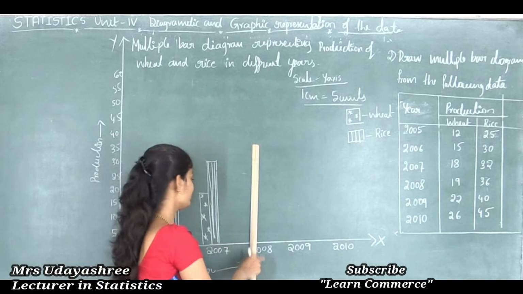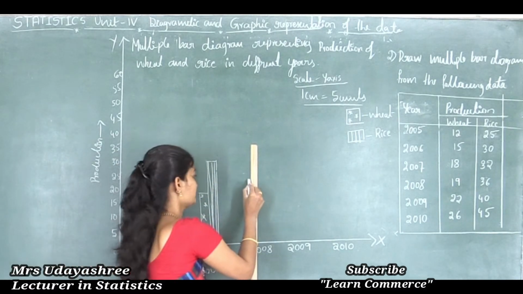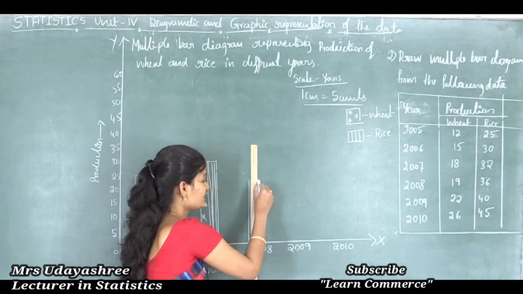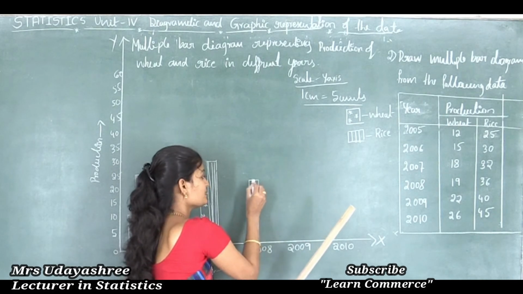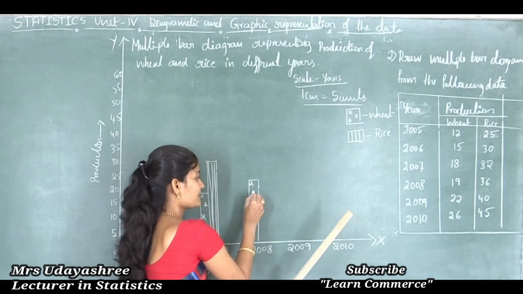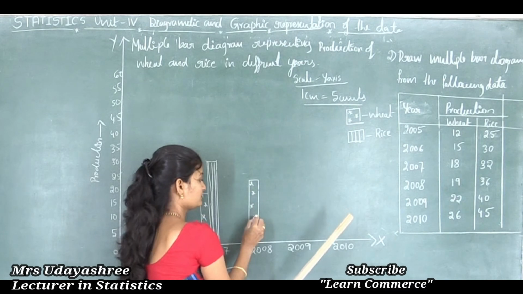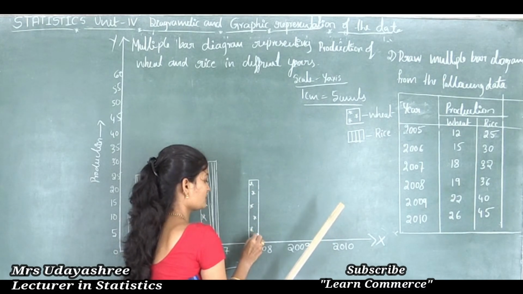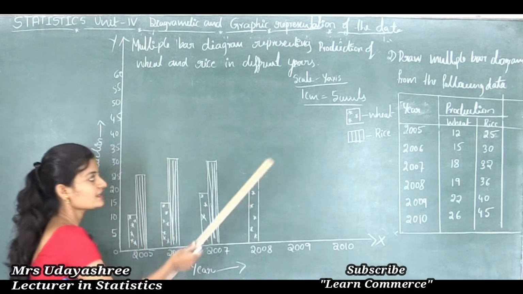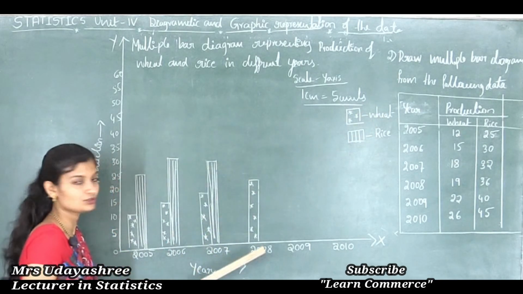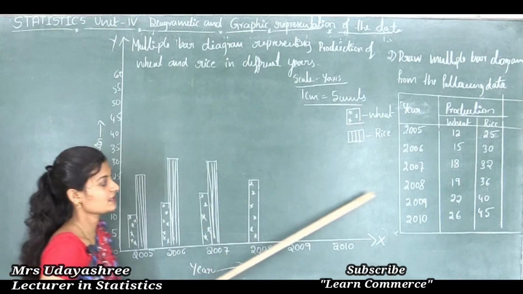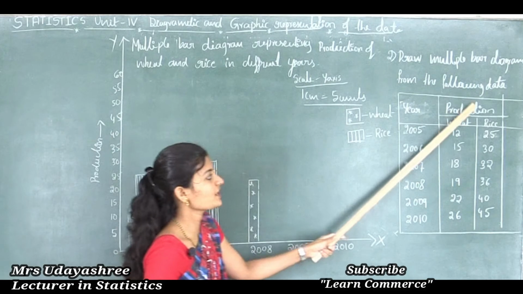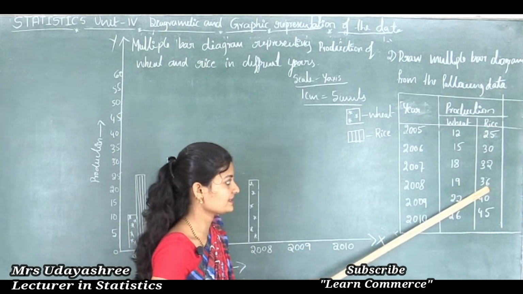So we draw one bar like this, based on wheat, with the wheat shading mark like this. This bar indicates the production of wheat in the year 2008. Next, in the year 2008, the production of rice was 36 ton.